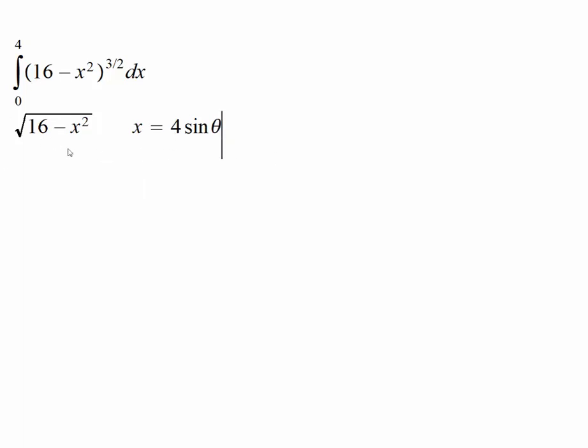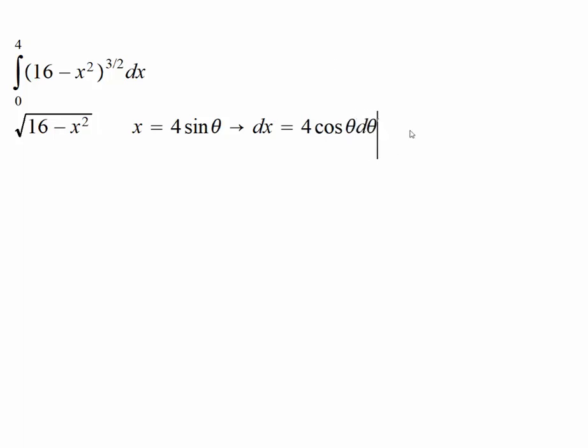Because what that will do is change it to 4 cosine squared theta, and then the square root sign will disappear. So x is 4 sine theta, so dx would be 4 cosine theta d theta.